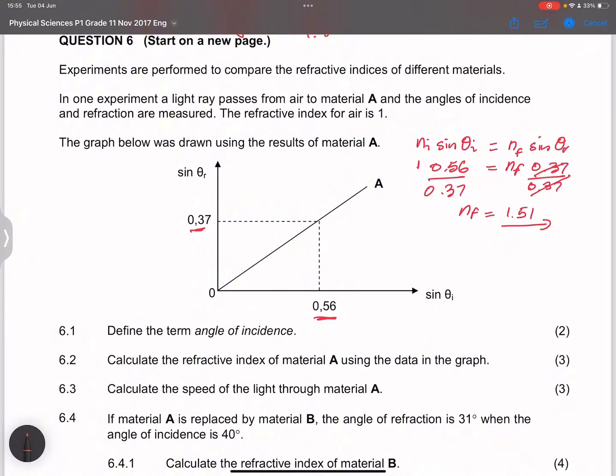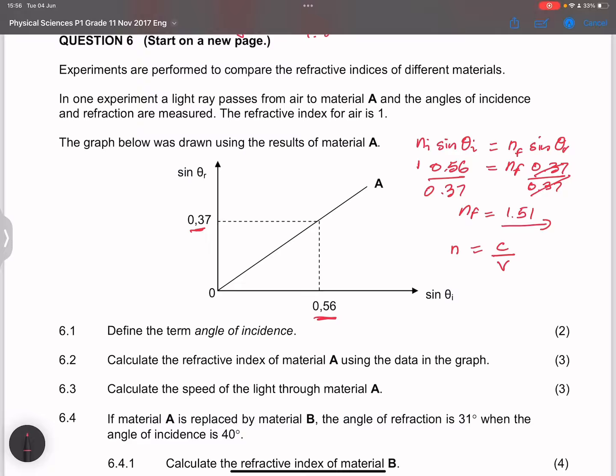All right. Now they said to us, calculate the speed of light through the material A. And please remember, ladies and gents, we've got these formulae. So n is equal to c over v, where n is the refractive index.